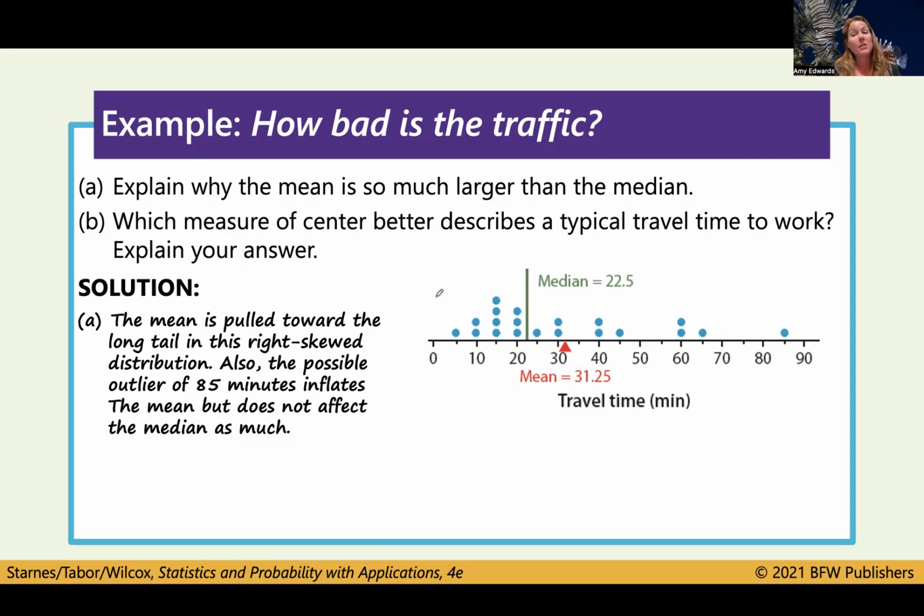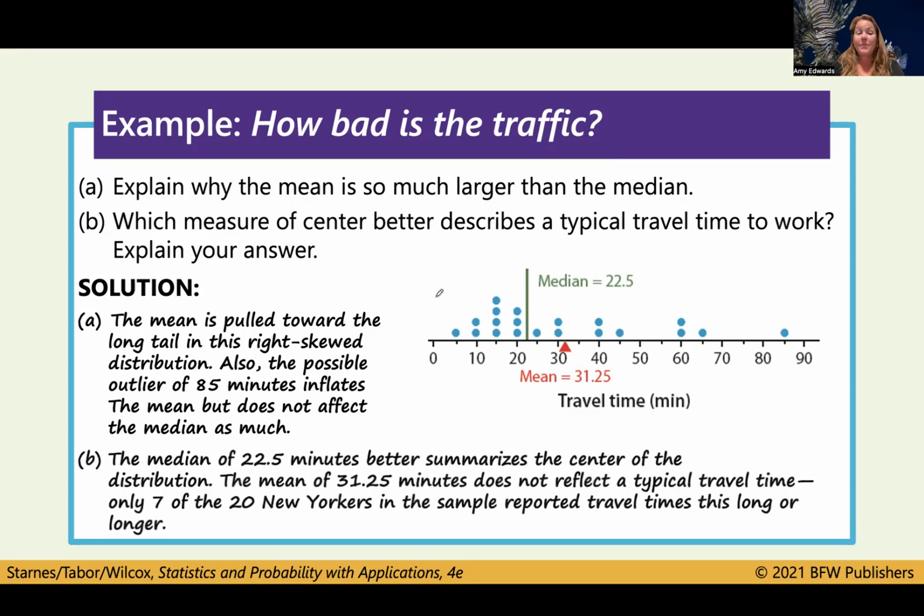Also, you've got this possible outlier of 85 minutes. That is also going to inflate our mean. So the mean is affected, but the median, not so much. That outlier is going to inflate that mean, but it's really not going to affect the median. So that's why it's higher.